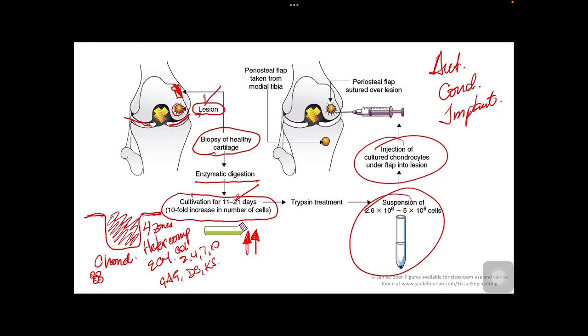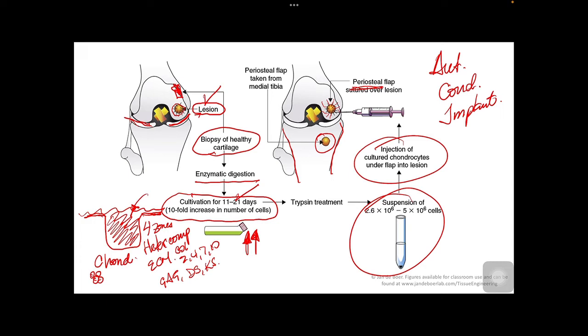So you inject back the chondrocytes into the site, and then you put a cover on top, which is the periosteum, right? I already mentioned the periosteum before. The periosteum is that type of soft tissue that protects the long bones, so you can get a periosteum flap from the tibia and put it on top, and then suture the lesion and hope that chondrocytes can do their magic.